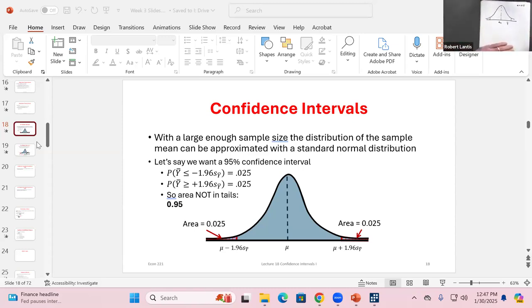So I said we can go back and forth. If I have an alpha of 0.05, we would say the significance level is 5%, and the confidence level would be 95%.